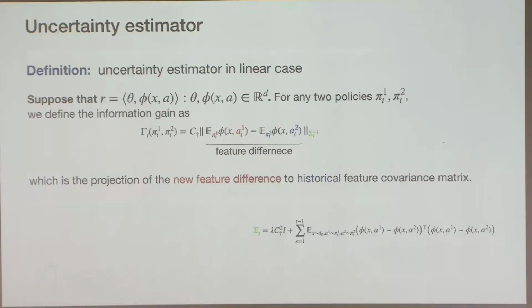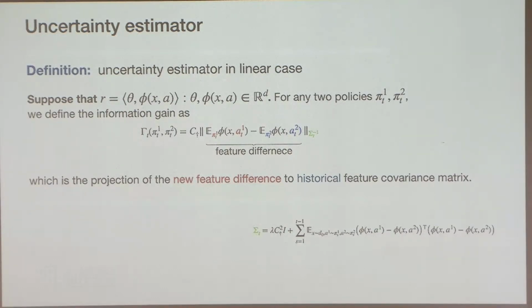To illustrate the idea, we present a concrete example of an uncertainty estimator. In the simplest case, we have a linear reward. So the reward is linear in some feature map, which maps the prompt and response pair into a d-dimensional vector.